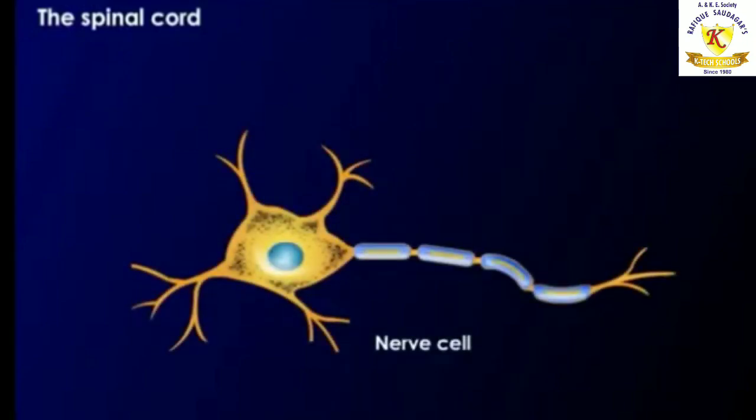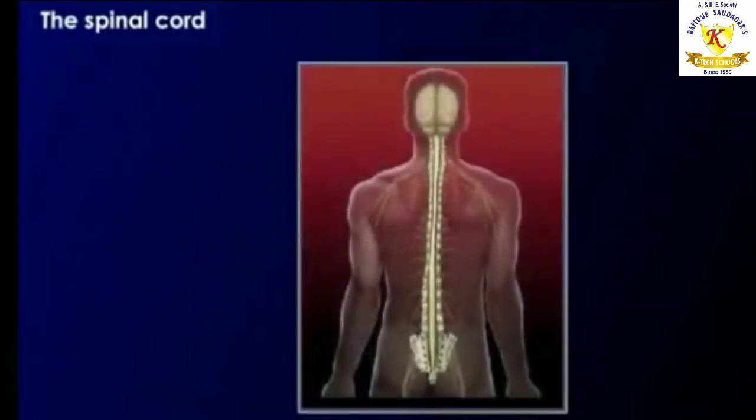Spinal cord is made up of nerve cells and nerve fibers. The spinal cord links the brain with the rest of the body. In reflex action, the messages do not reach the brain. Messages are received by the spinal cord and the action is directed by the spinal cord itself.